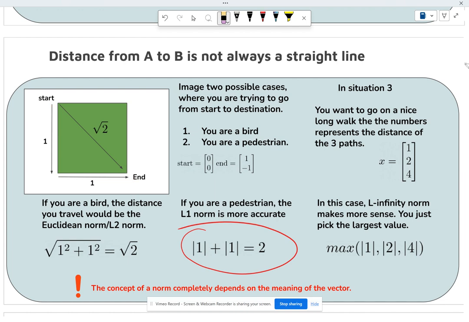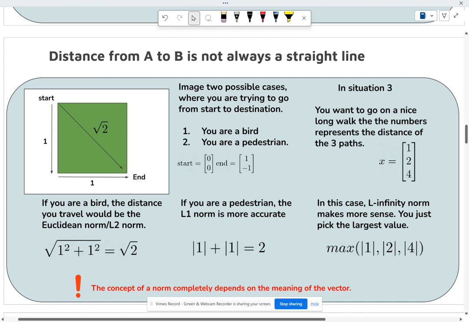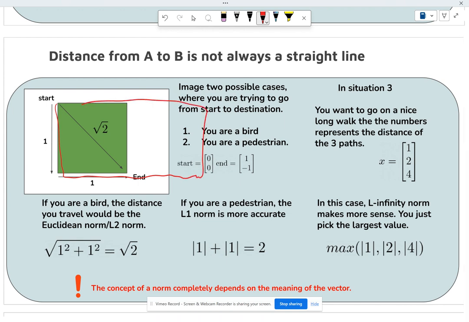Now, there's yet another situation where, let's say, this is 1 and this is 2 here, this is the other corner, and you're not trying to travel that distance. You're just trying to determine the side that's the largest, like max of x. That is yet another distance, which is called the L infinity.